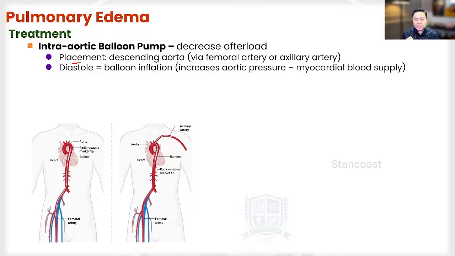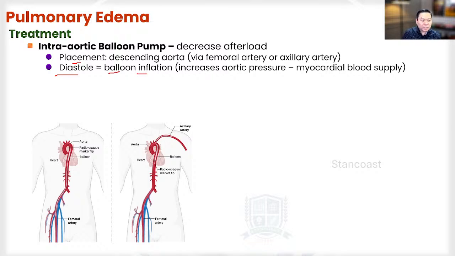So the balloon itself will inflate, and it will also deflate, synchronized according to the cardiac cycle. For example, during the diastole, this is going to allow the balloon to inflate. So this will cause the balloon to grow bigger in size.